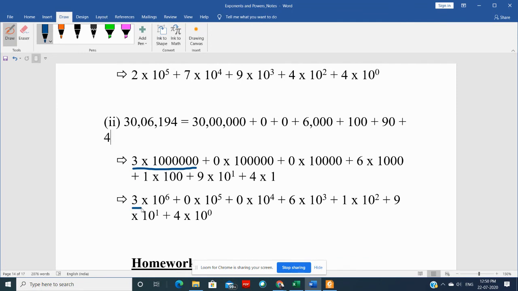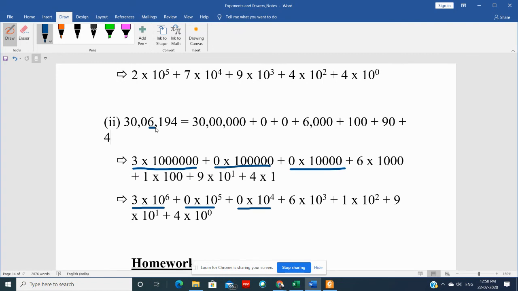So you will be writing 3 into 10 raised to 6. Then for 1 lakh and 10,000 place value, here there will be 0, right? So you just write down 0. Here it will be 0 into 1 lakh and here it will be 0 into 10,000. So 0 into 1 lakh is basically 0 into 10 raised to 5. 0 into 10,000 is basically 0 into 10 raised to 4.